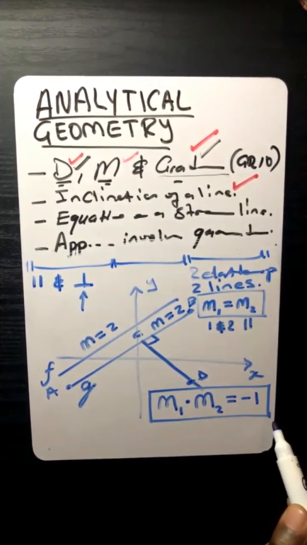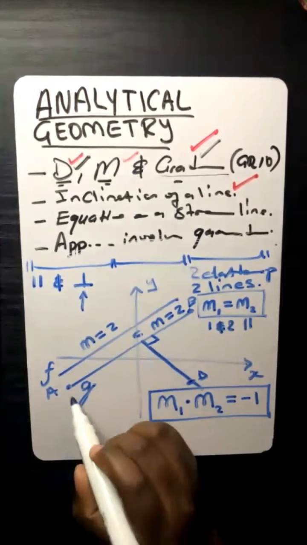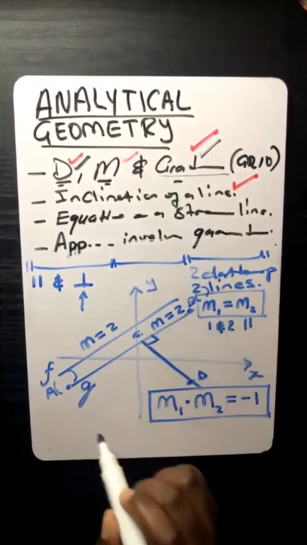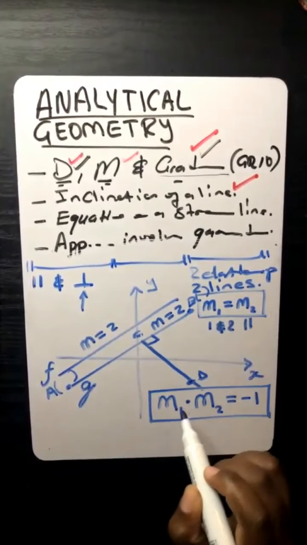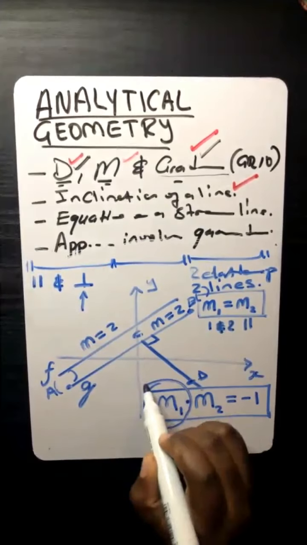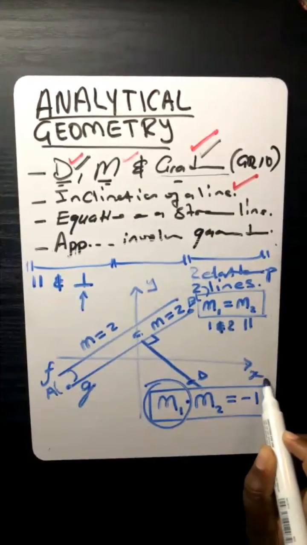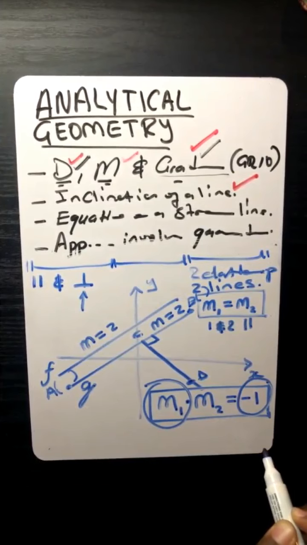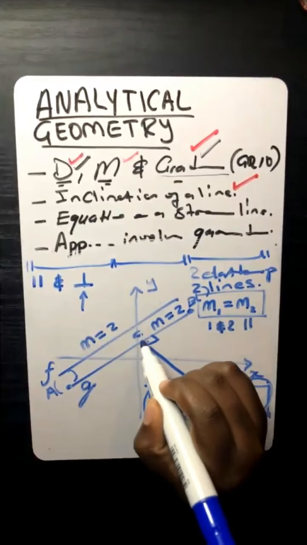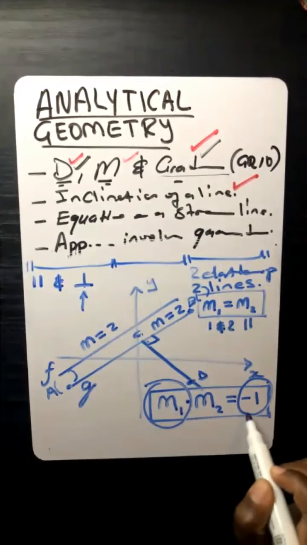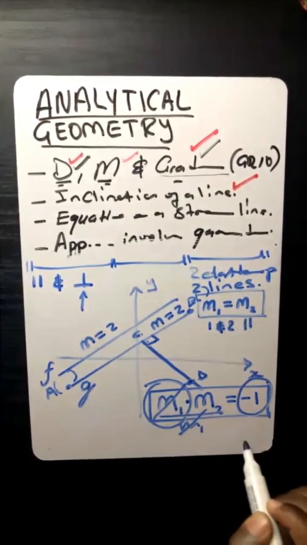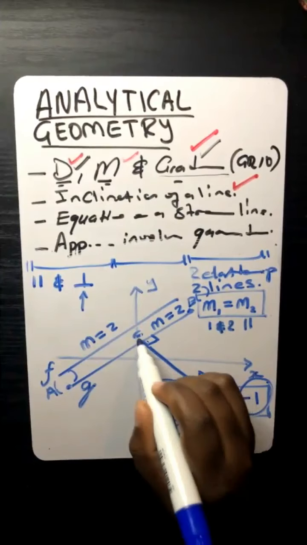So for someone who has attended a lesson similar to this one, they will know very well that if I can find the gradient of line AB, then I can use this formula because I will know that gradient. Then I know when I multiply it with the same gradient it equals -1. Then for you to determine that gradient, you just say -1, you divide by M1 so that it cancels, then you know the gradient of M2, which is that line.